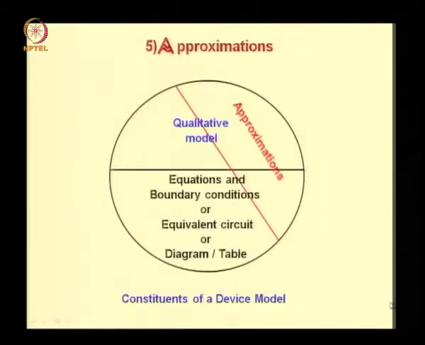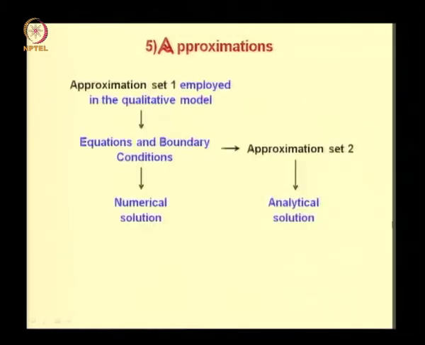Coming to the approximations, we said you have approximations associated with the qualitative model as well as with the quantitative part. So the approximation set 1 employed in the qualitative model lead to the equations and boundary conditions, while additional approximations are required of these equations and boundary conditions if you want to derive an analytical model.